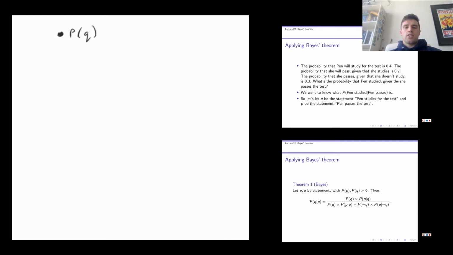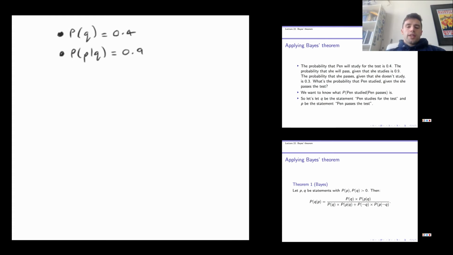This information is given in the question, so we know that P of Pen studies is 0.4. The next thing we need is P of P given Q, which in our context is the probability that Pen passes the test given that she studies. This is also included in the problem. So P of Pen passes given that she studies we know is 0.9.